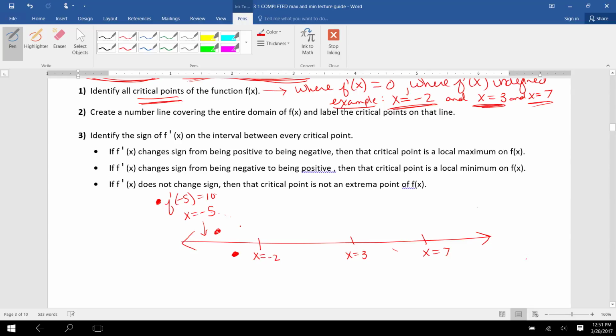That's not possible because if that were to happen, f prime would have had to cross the x-axis, thus creating another critical point, which can't happen because we said these are the only critical points, -2, 3, and 7. So that can't happen. It cannot be positive and then suddenly become negative. That can't happen.